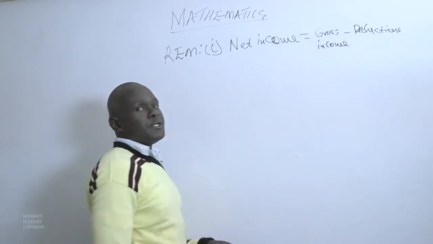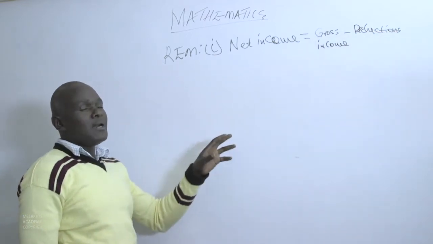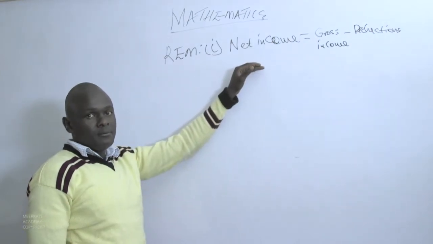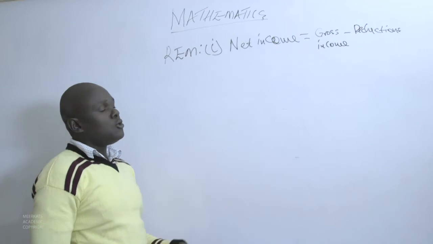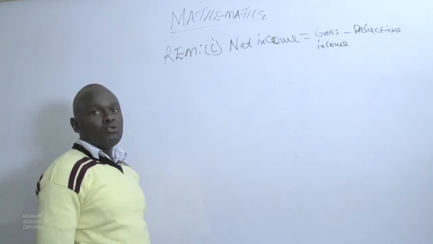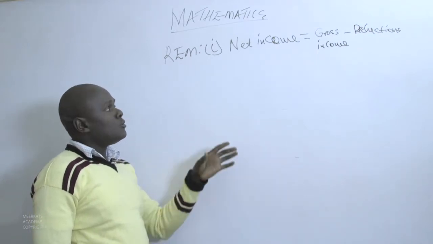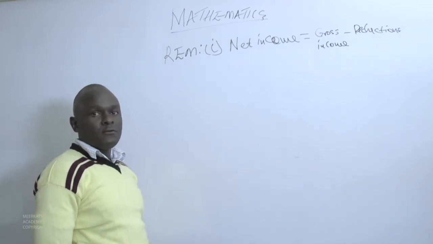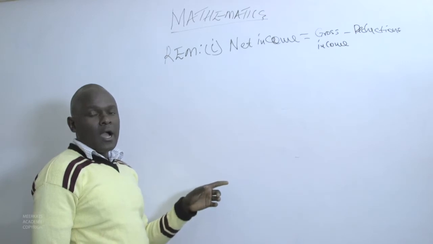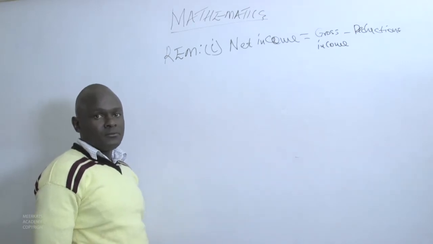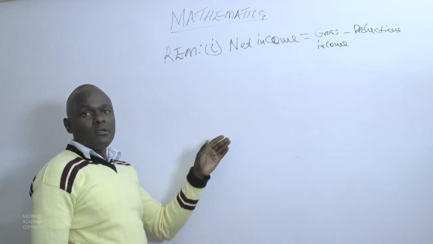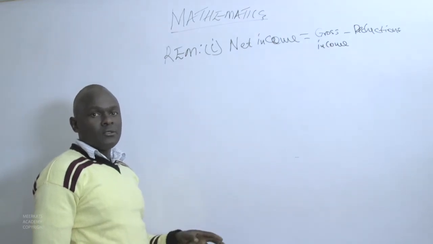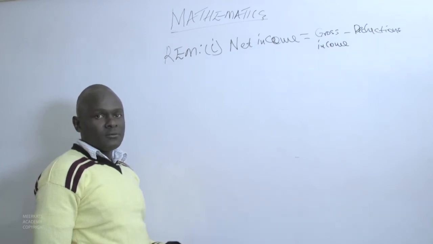The difference between the gross income and the deductions is what gave us net income. We also looked at how to carry out calculations involving hourly rate of payments. And under hourly rates of payments, we had two major categories.